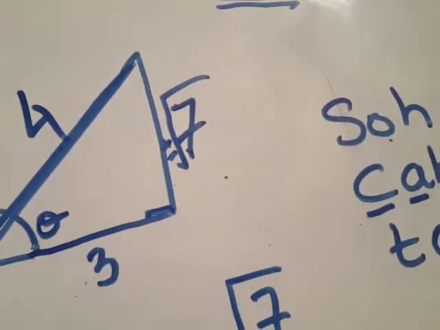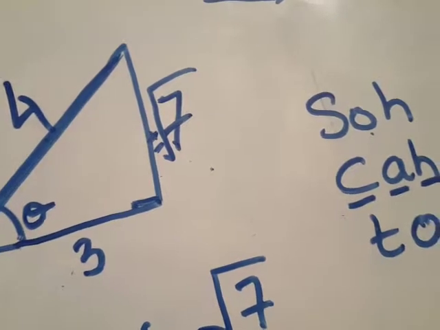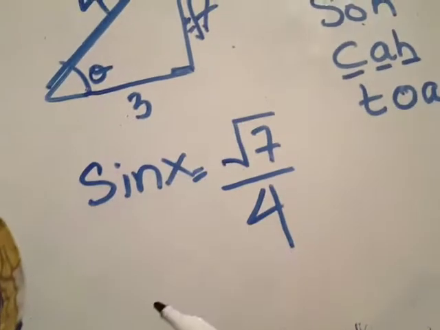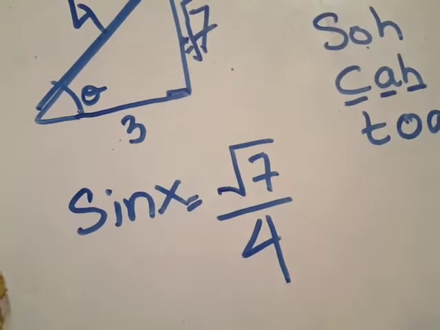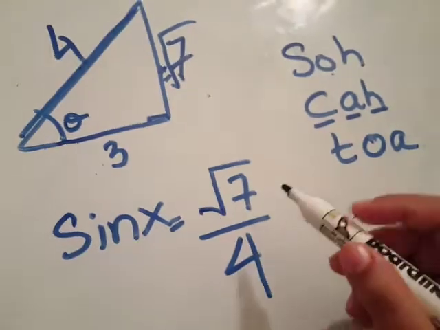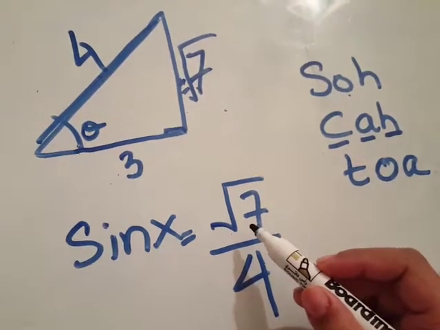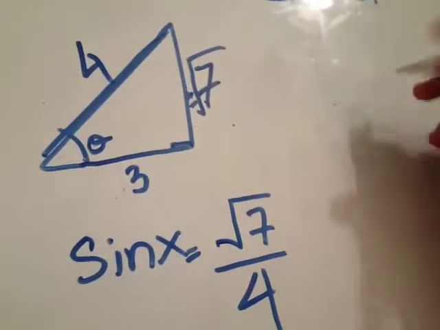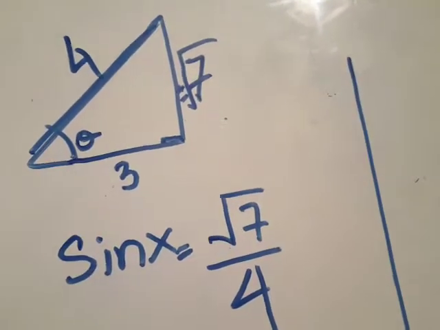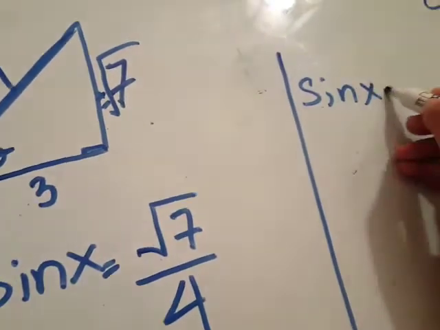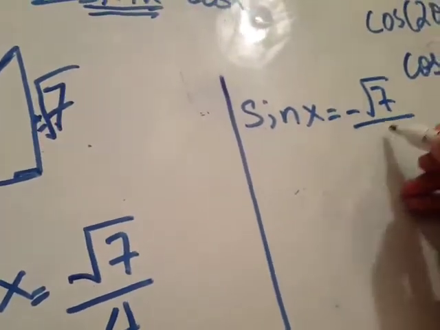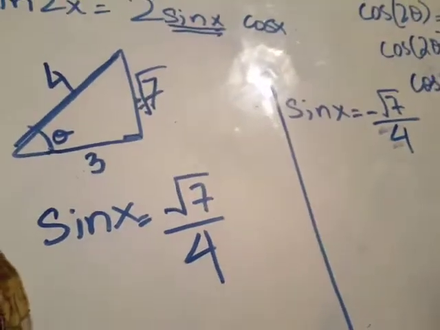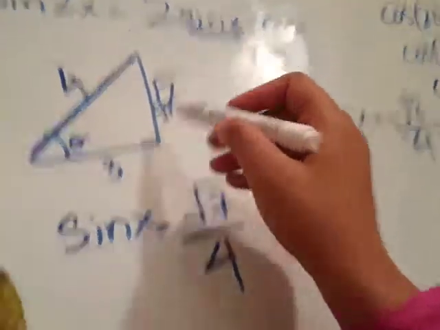So this is my value for sine of x. If I'm keeping this as the positive one, then it can also be that sine of x is equal to negative under root 7 over 4. Now I have the value of sine of x.